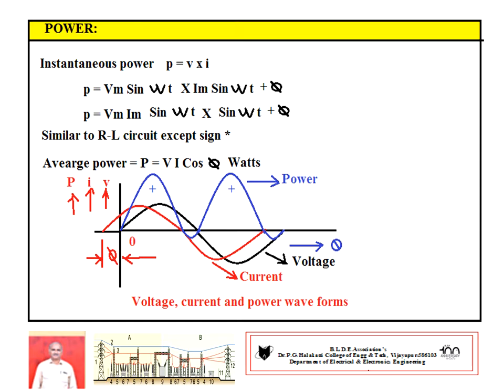Earlier in the RL series circuit, it was sin(omega t minus phi). You refer to the same thing, and we are going to get average power per one cycle equal to VI cos phi, where V is the RMS value of voltage, I is the RMS value of current, and cos phi is the power factor.